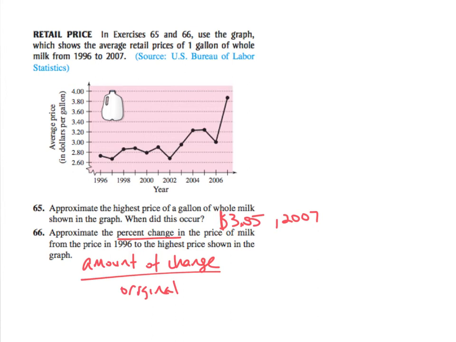And in this case, where is my original amount on this graph? Is it the one in the earlier period in time? Which is when? In 1996. All right, in 1996, that is my original amount, because that's where we started. So in 1996, how much was my milk?